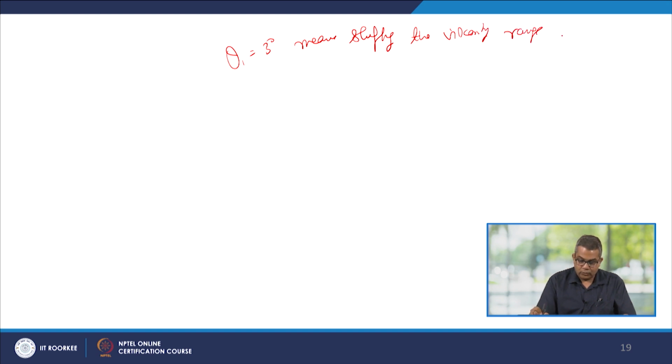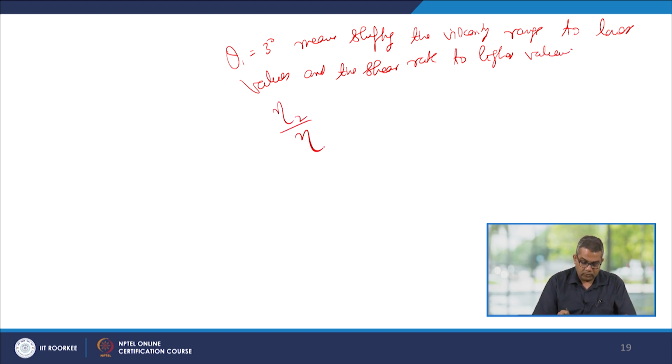Now, reducing the cone angle theta 1 is equal to 3 means shifting the viscosity range to lower values and the shear rate to higher values. So, eta 2 over eta 1 is theta 2 over theta 1, and gamma 2 dot over gamma 1 dot is theta 1 over theta 2.